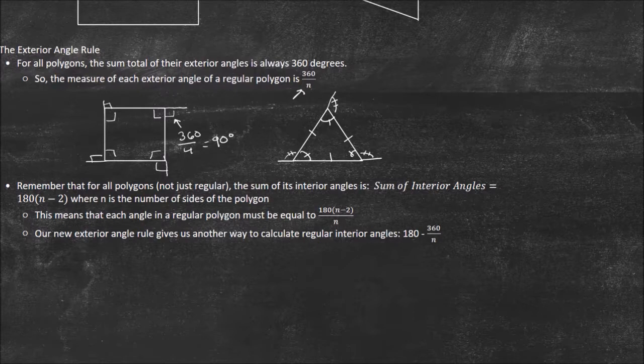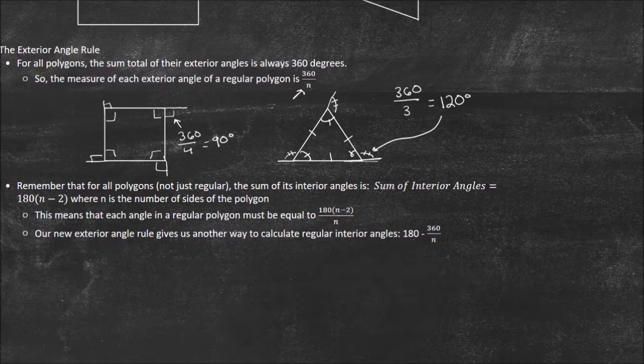And it's going to be 360 divided by n. Well, n in this case is 3. There's 3 sides. So 120 degrees is the measure of all of these angles right here. And that makes sense. They look obtuse. And another way to think about it is for an equilateral triangle, you know all the measures are 60. And then you get this straight line angle. It must be 120 plus 60 equals 180. Just another way to think about it.